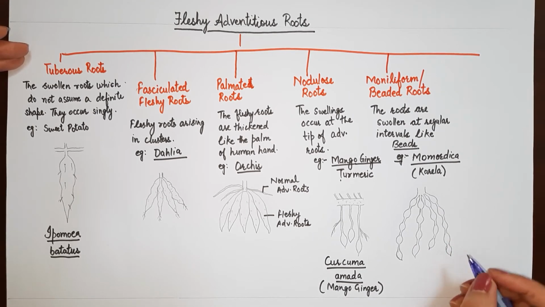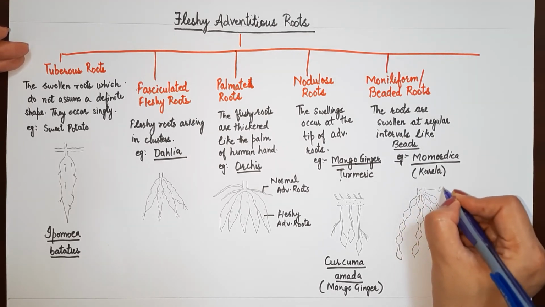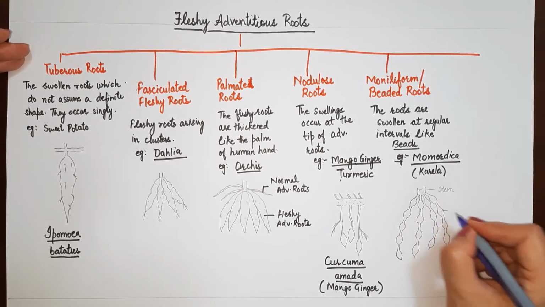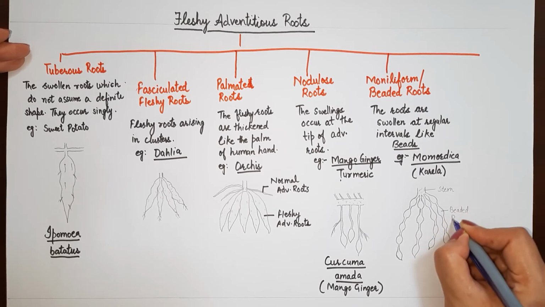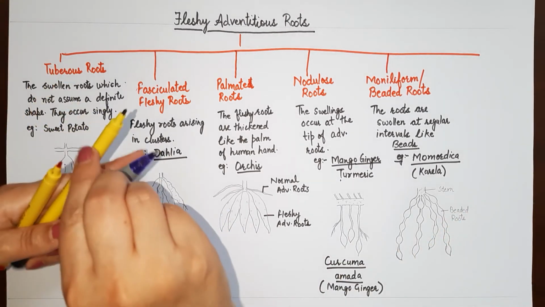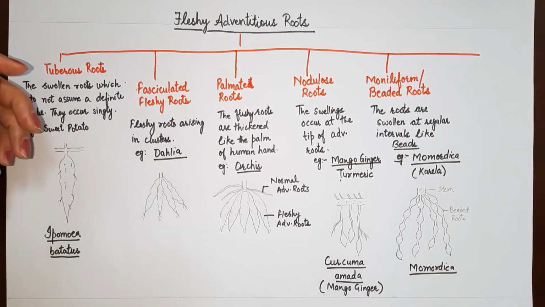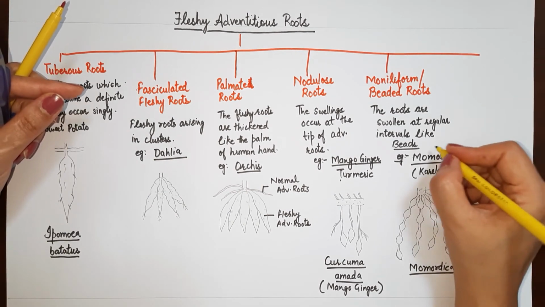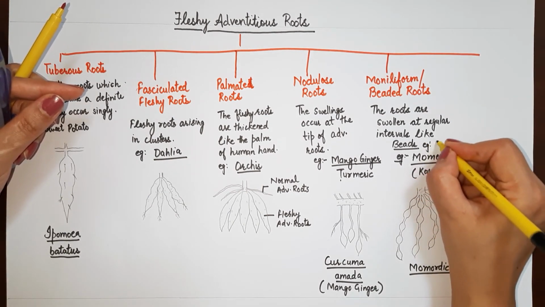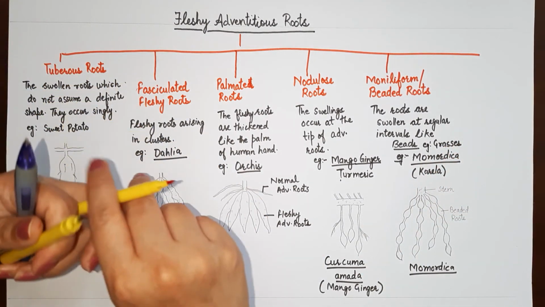Okay, and so here we have the stem and these are the beaded roots. So this we have drawn the diagram for Momordica. Another common example of moniliform roots is grasses. Okay, in grasses also we observe moniliform structure.